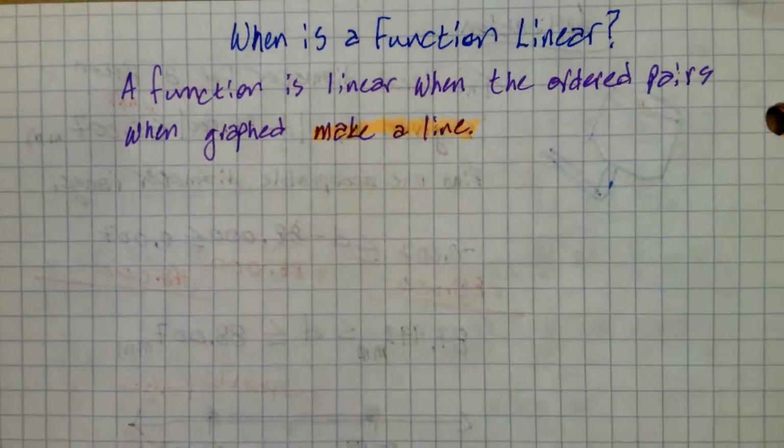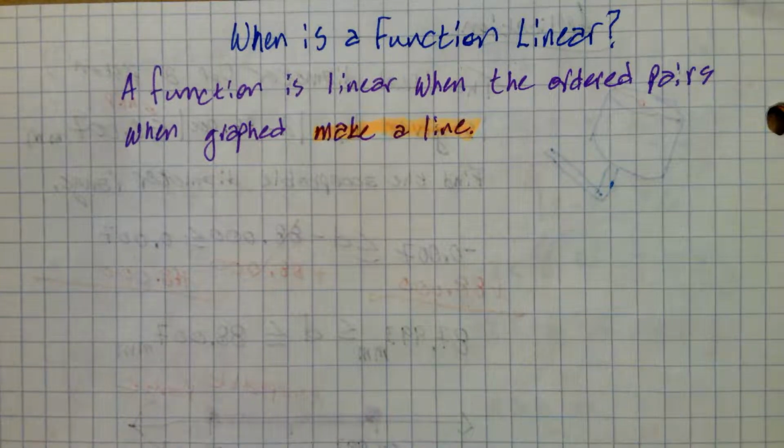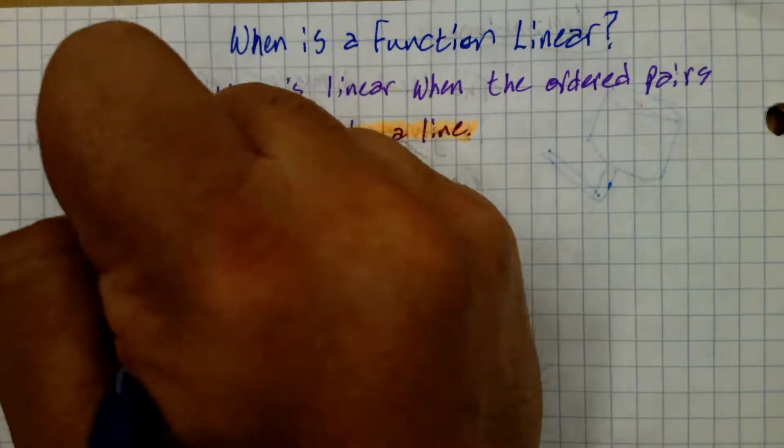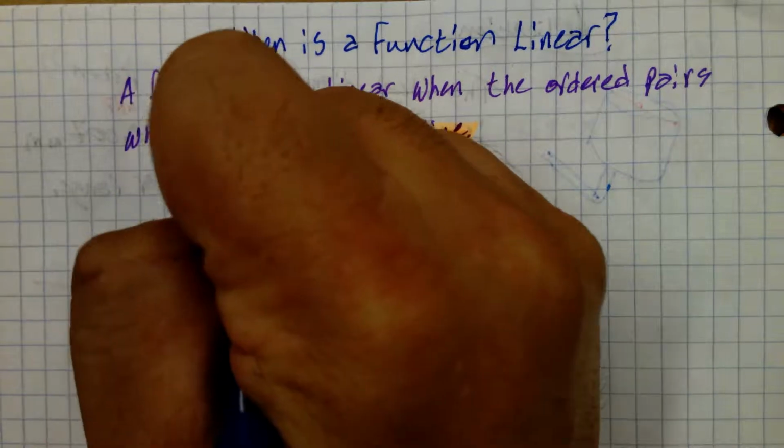Now we're not going to have the luxury of having graph paper to graph these, and sometimes the points will be so far apart it's going to be hard to tell. So we're going to use the following facts. Write this down.